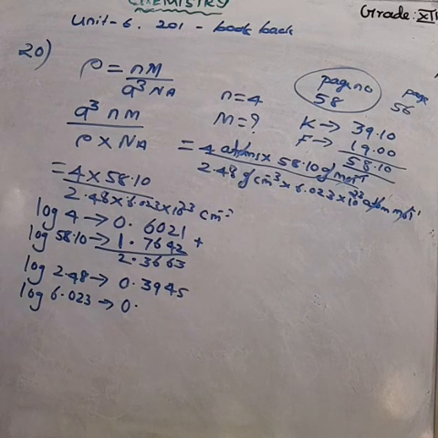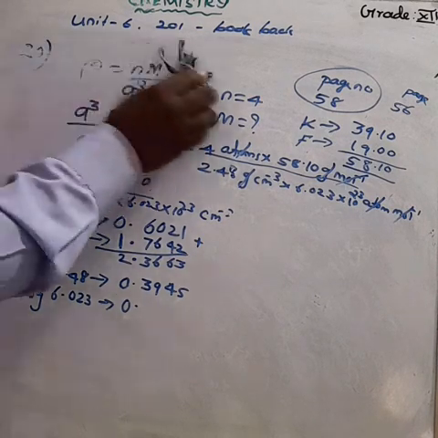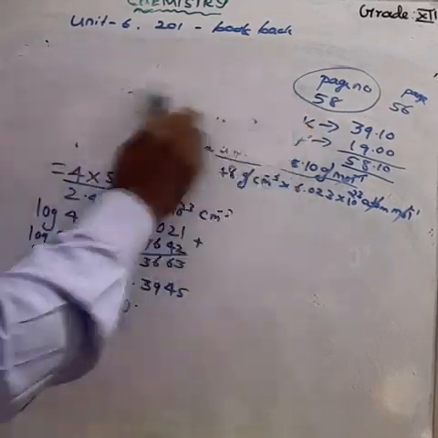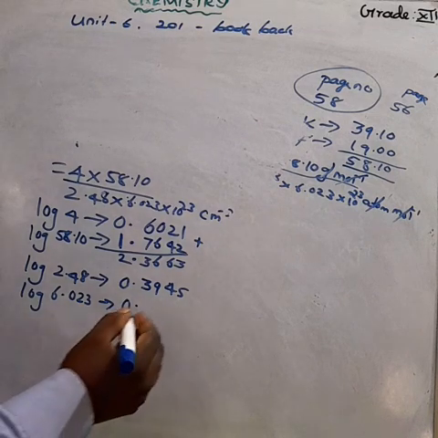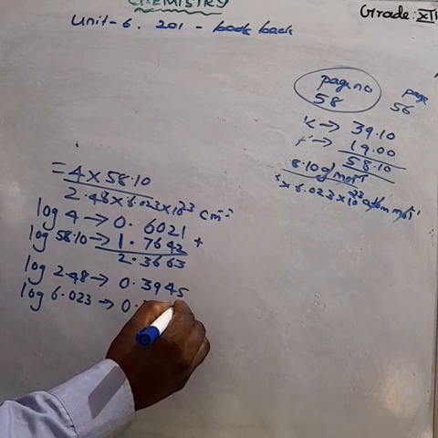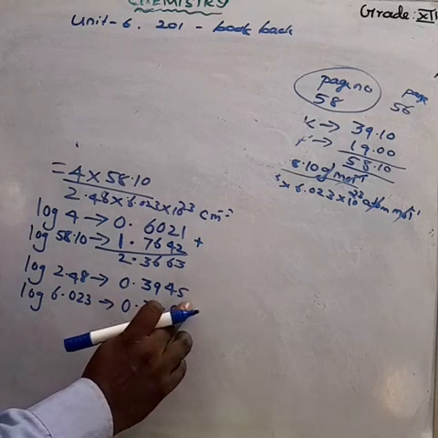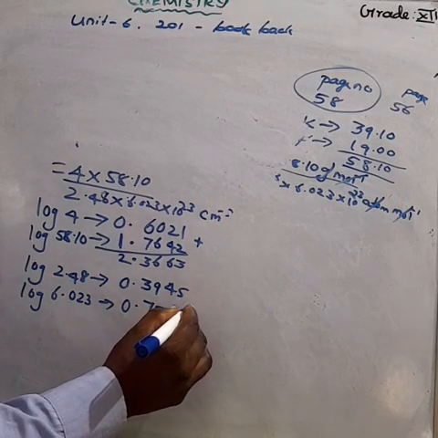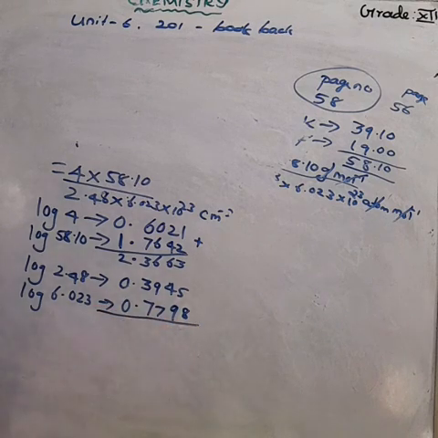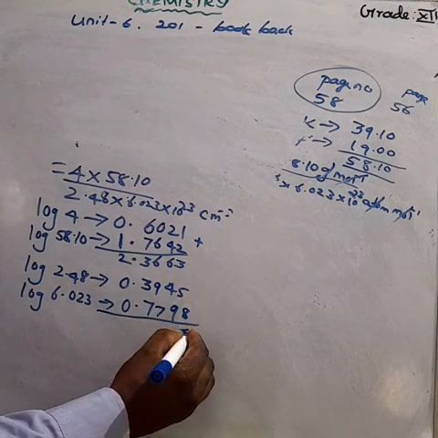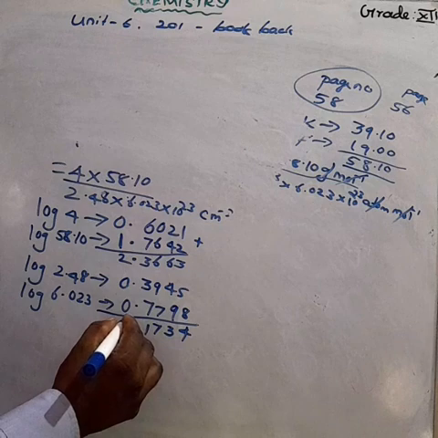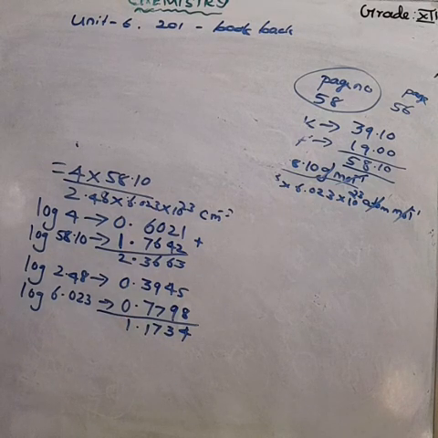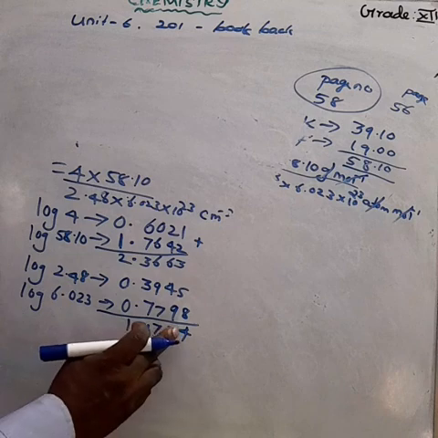Take the log of 60 plus 2, that is 7796, and the mean difference is 2, so we get 7798. Just adding, we get 1.1743. Now we are going to subtract this value.